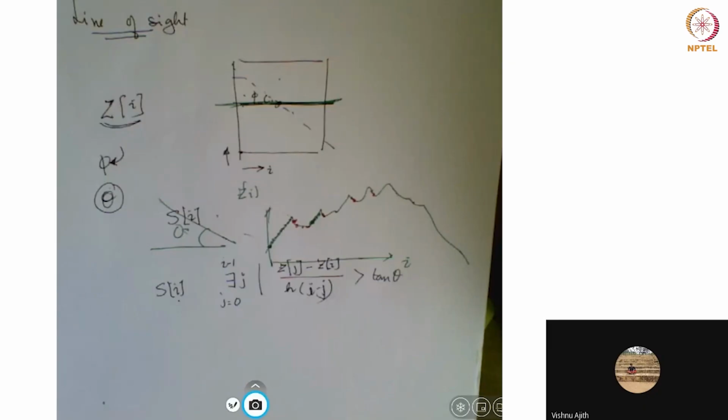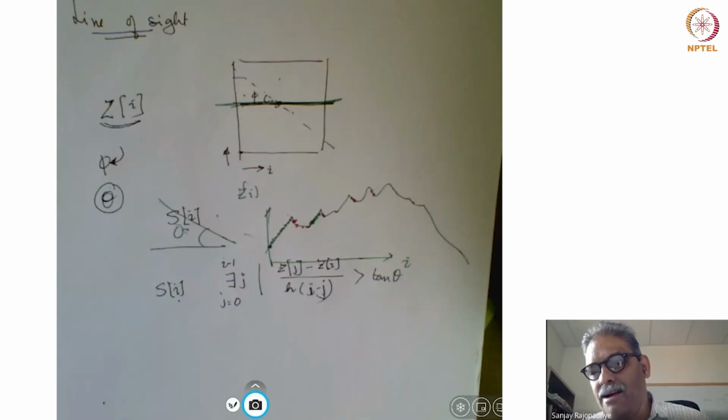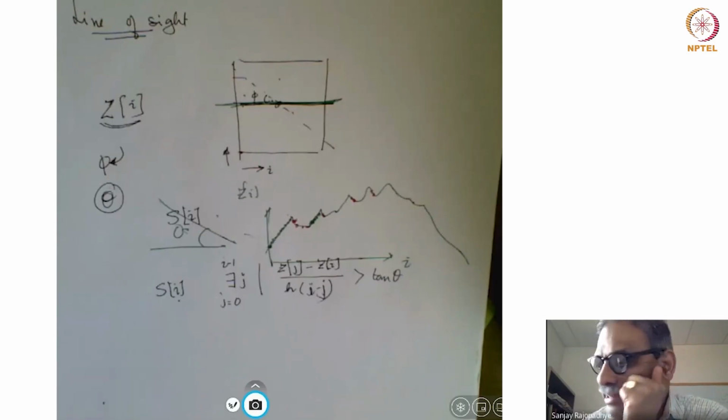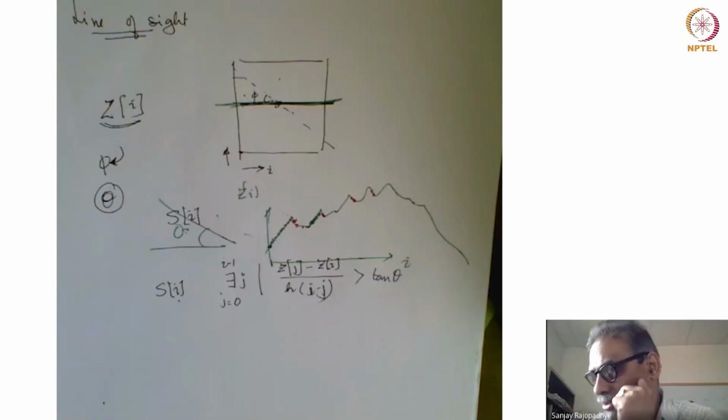Maybe you can store the highest value. So you are thinking of max or min or something like that. Okay, so let us look at what this means, that there exists.